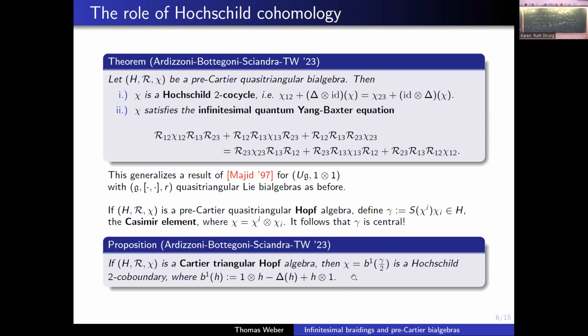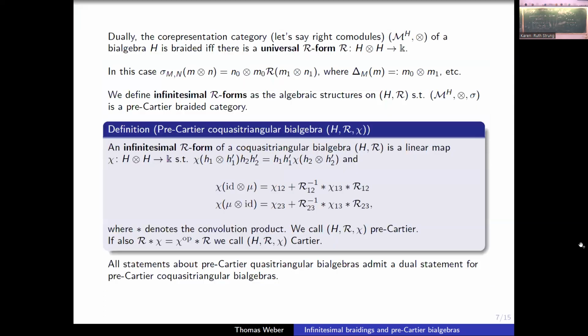And so we can write down that chi is really in the image of the Hochschild differential, and the element that is mapped to chi is the Casimir. So we are taking this gamma here, scaled by a factor, and this will give you chi in this very special case.